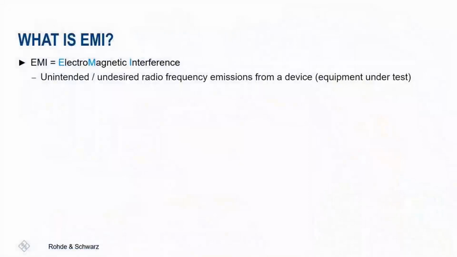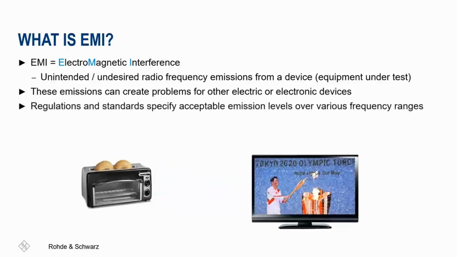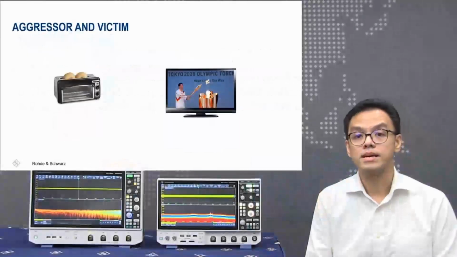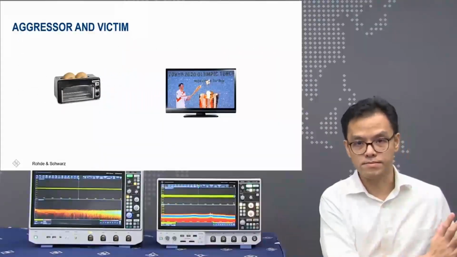Electromagnetic interference, or EMI, is typically unintentional but can emit signals that potentially disrupt other electronic devices. To mitigate this, regulations are in place to prevent or, at the very least, limit such interference. In this context, we have the aggressor and the victim.